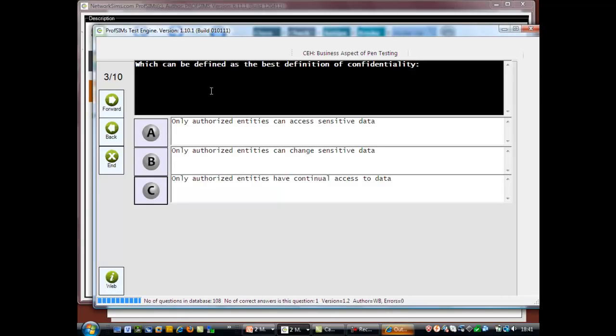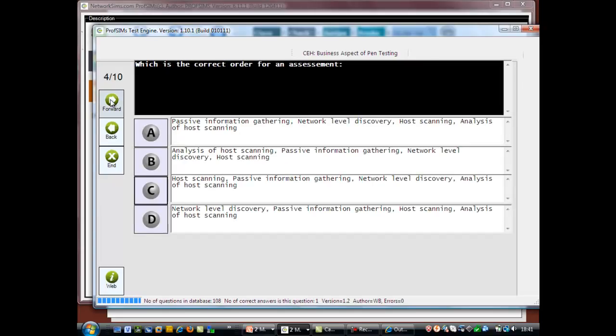Okay, which can be defined as the best definition of confidentiality? So we want to say that one. Which is the correct order for an assessment?